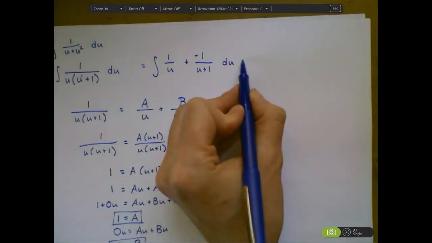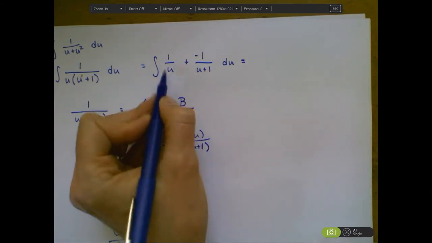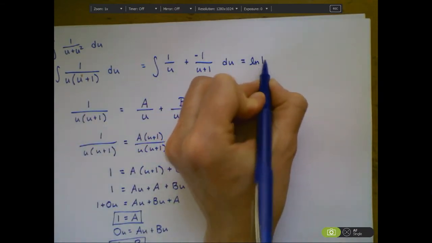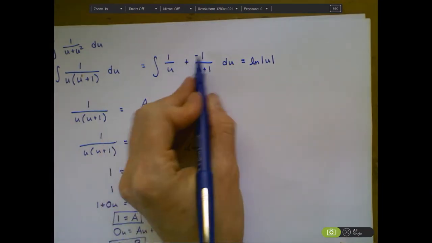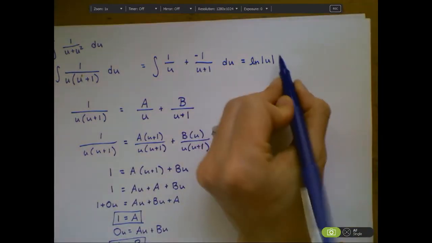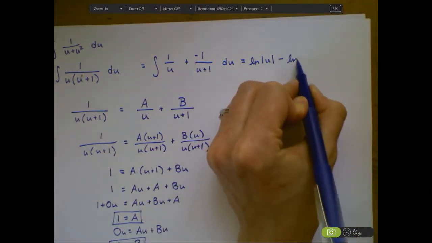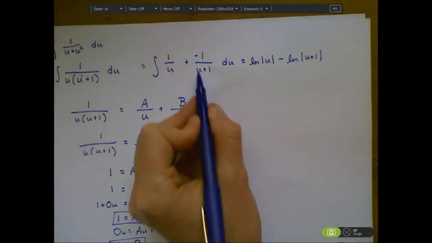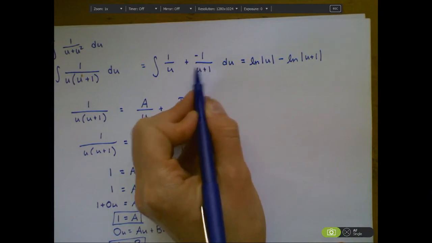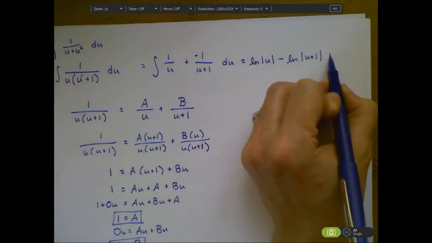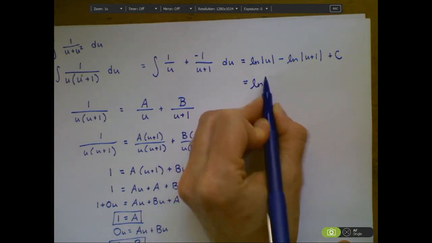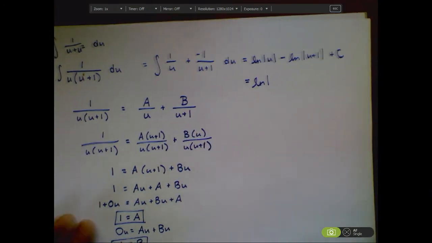And these are easy pieces to integrate. The integral of 1 over x is natural log of the absolute value of x, so here it's the natural log of the absolute value of u, subtracting the natural log of the absolute value of u plus 1. In my head, this is actually a really basic u substitution, plus C. And then finally, I'm going to plug back in what my u was equal to in the original problem on the last page.